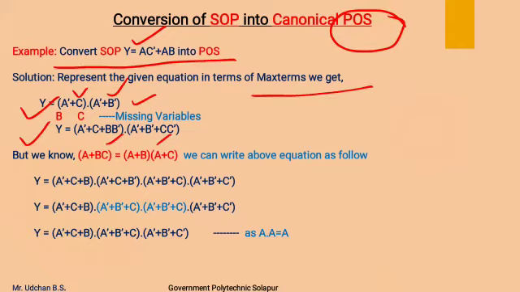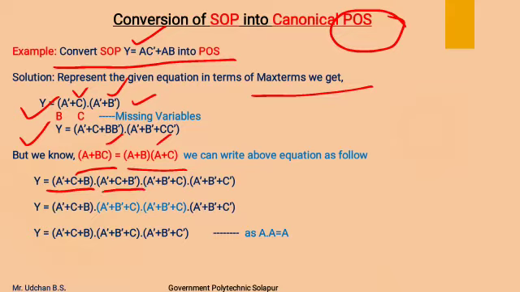But we know A plus BC is written as A plus B into A plus C. Using that rule we can write A bar plus C plus B bar as A bar plus C plus B, A bar plus C plus B bar.